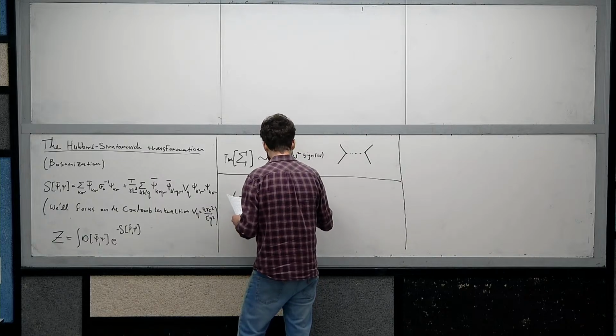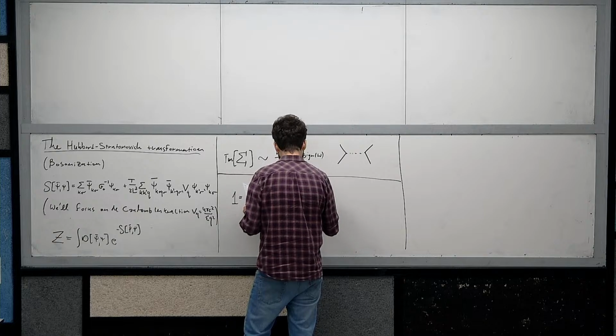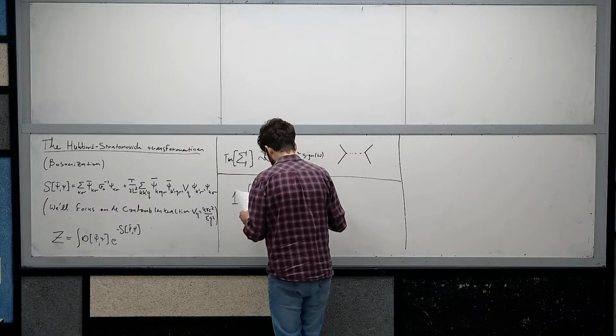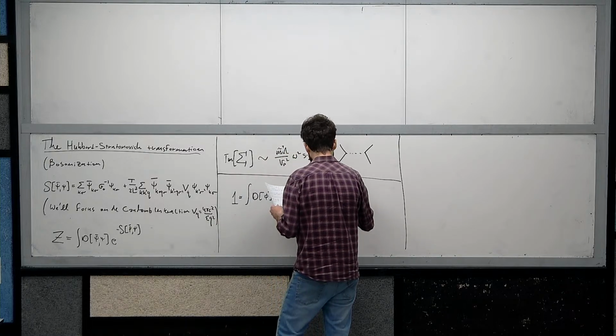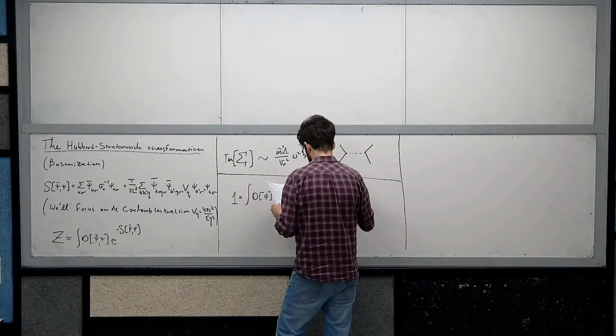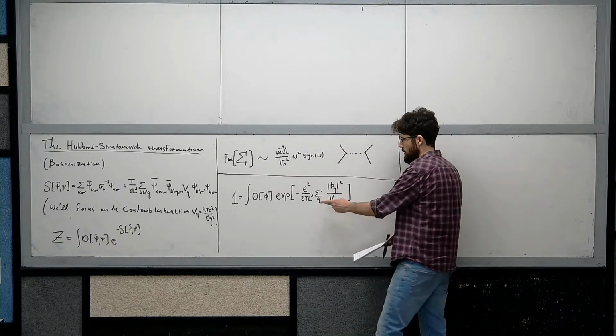The exponent of minus e squared over 2t L cubed, sum over q, phi q squared over v q. Also here I'm a bit sloppy with the notation.